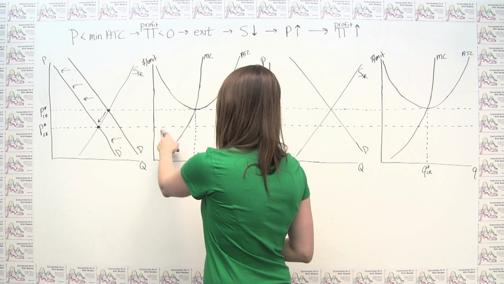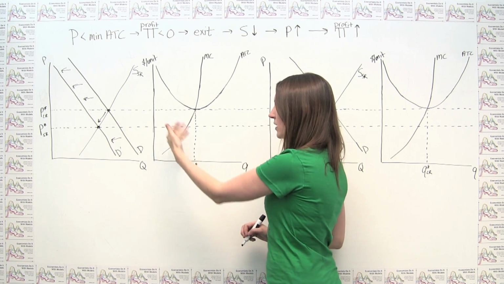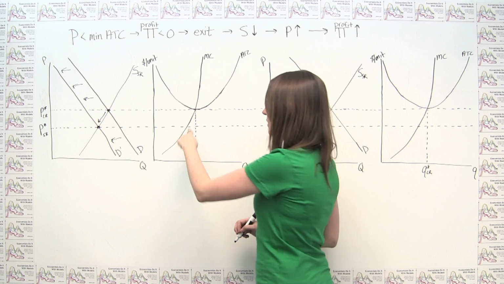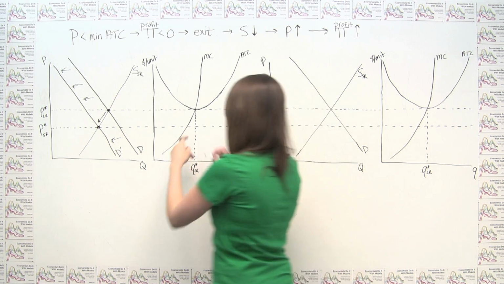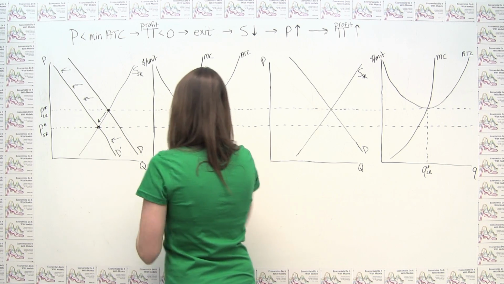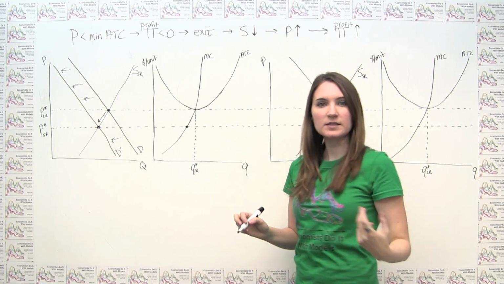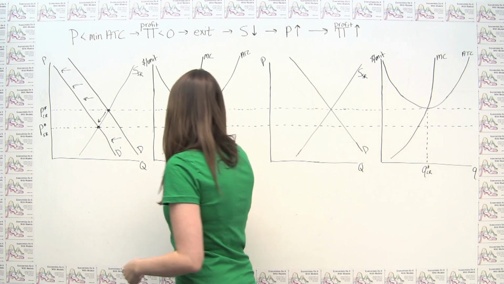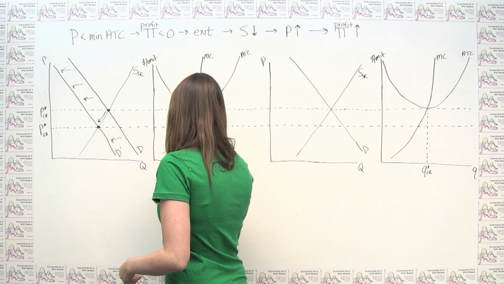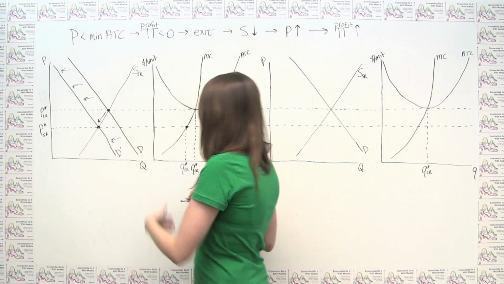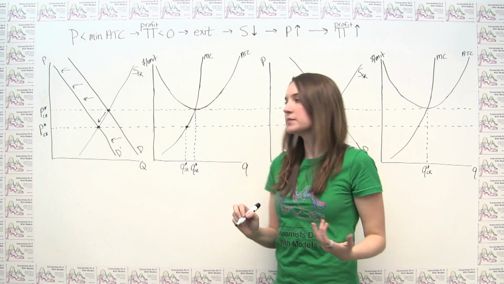And again, because profit is maximized where price is equal to marginal cost, with our new short-run price that is going to be at this point here. So in the short run, we see this firm producing less than it was before as a result of this change in demand.